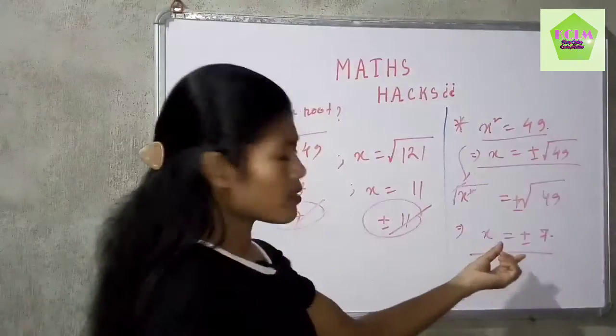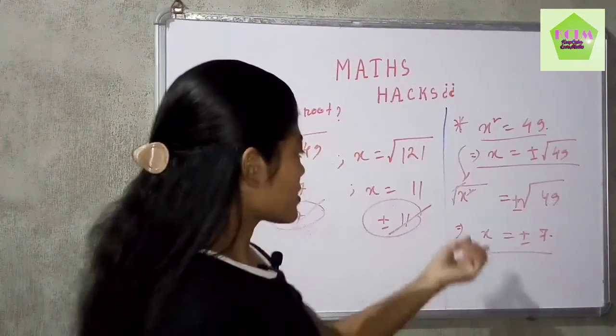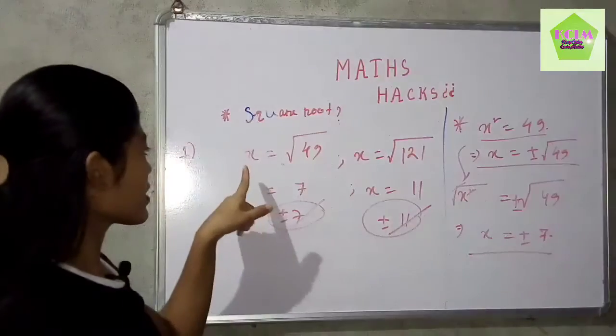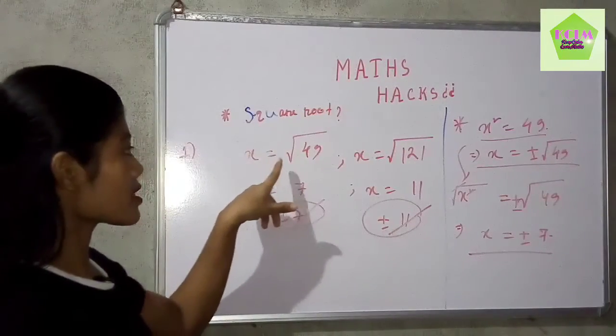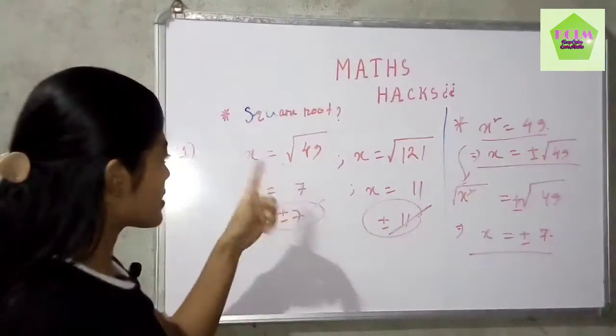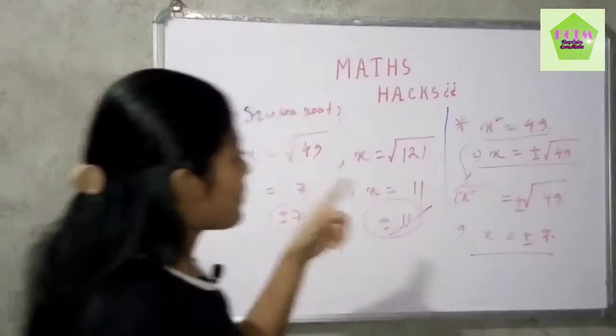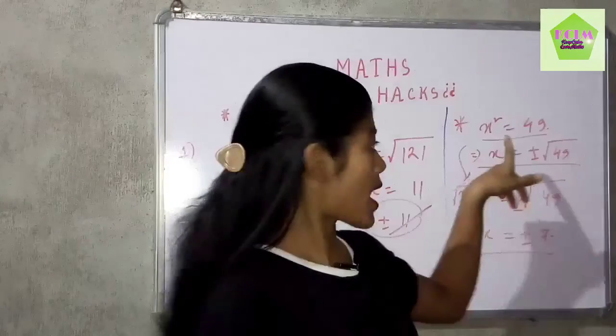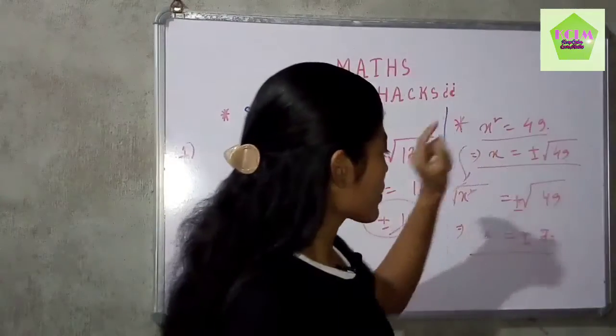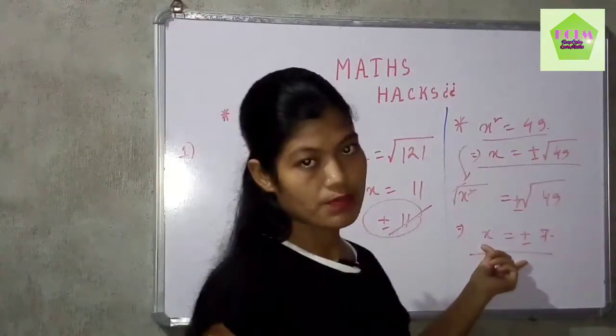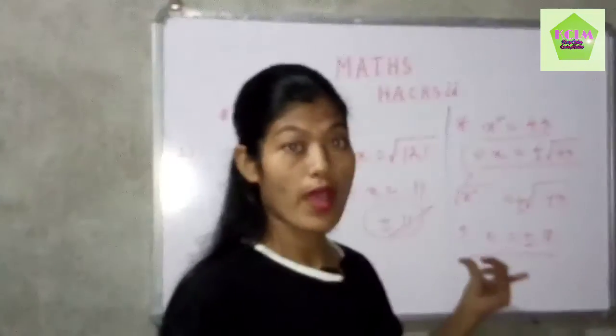So you are thinking, why, if we are given that x is equal to root over 49, the value of x is 7, but whenever we are given x squared equals 49, we have to take x as plus minus 7? You are thinking why?